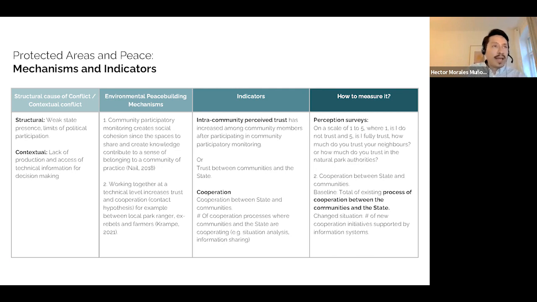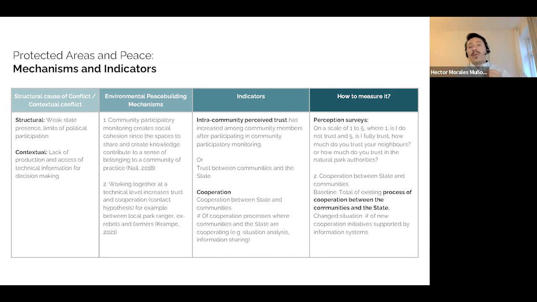So in this case, this specific activity of developing information systems was indeed contributing to addressing the weak state presence, because it helped them to have more evidence-based decision-making processes. But also this specific activity helped with the inclusion in political scenarios of these affected communities.